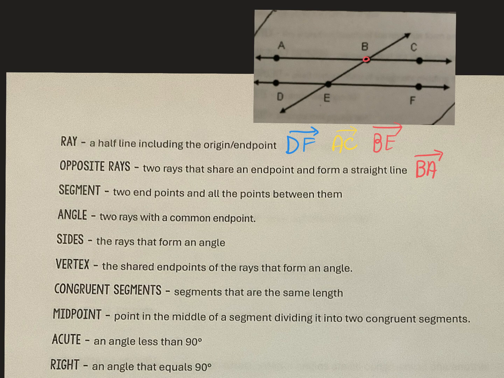So BA starts here and goes to A. So what would the one opposite of that be? BC. So again, to be opposite, they have to form a straight line, right? That part's important.